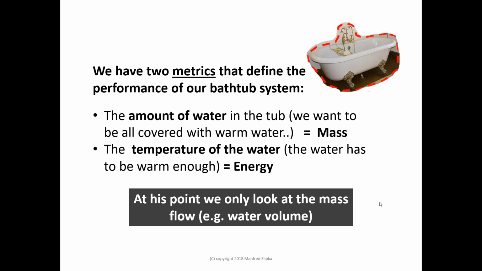So the first one is the amount of water, which is mass. The second one is the temperature of the water, because the water, of course, has to be warm enough in order to be comfortable. So this is energy. But in order to keep things very simple, at this point, we only look at the mass. We do not right now look at the energy.